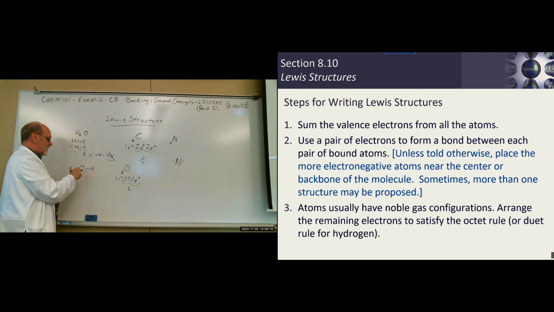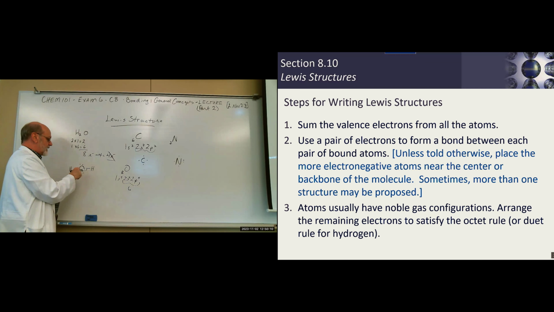And then you continue positioning electrons from the outside in until all your electrons are used up. Water was easy. It made an octet very easy, very quick. Sometimes we have to add another step, and I'll show you one of those in a minute, to making an octet.